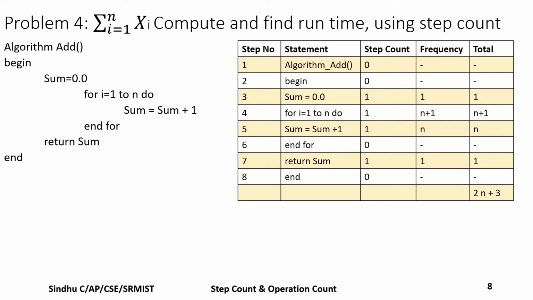The fourth statement is a for loop, for I is equal to 1 to n. This is a loop statement, right?